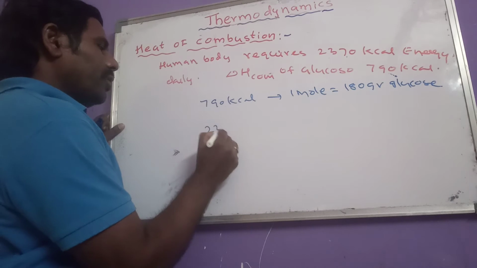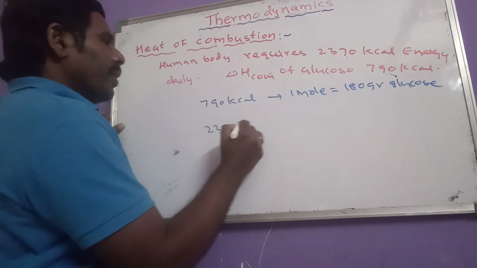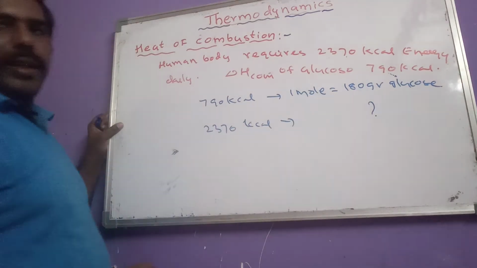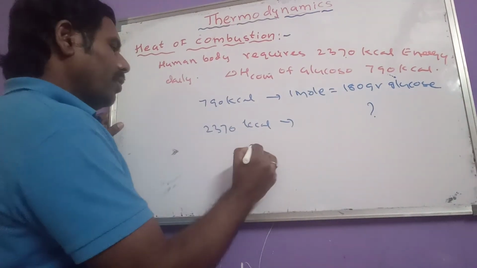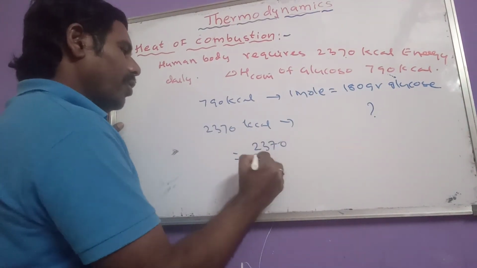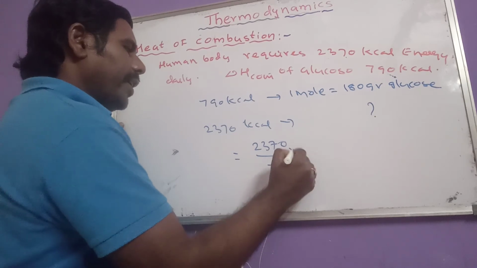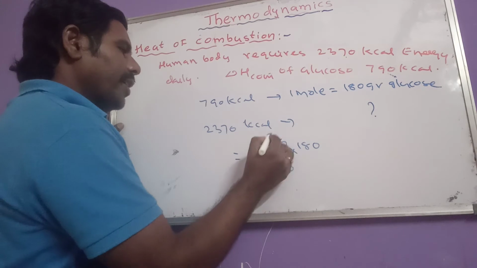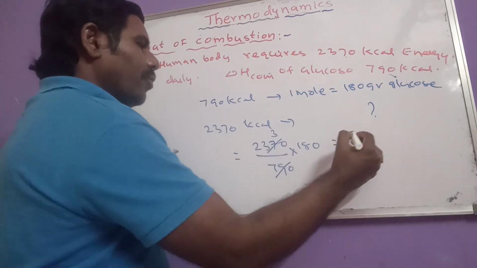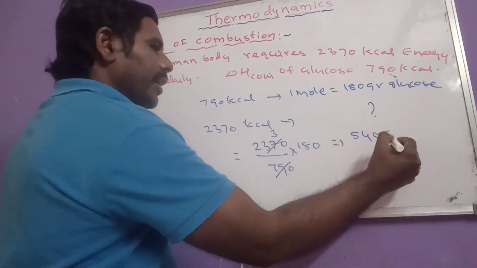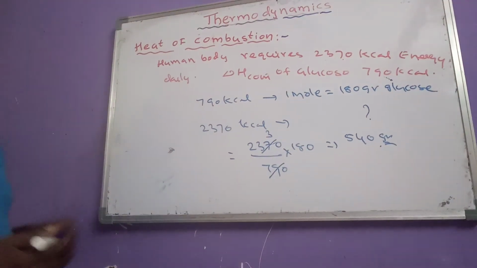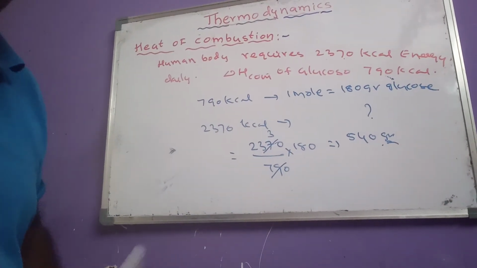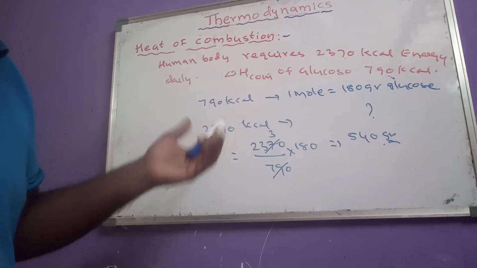Therefore, 2370 kilocalories will be produced by how many grams of glucose? Now 2370 divided by 790 into 180, so we get 540 grams. So this is the amount of glucose that the human body requires daily for that energy.